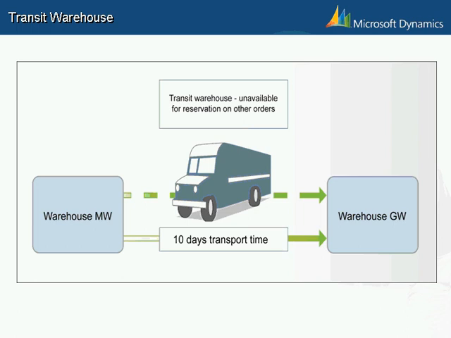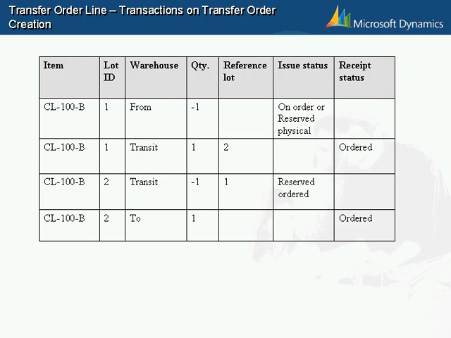When you save, let me show another picture. When you save a transfer order line, false inventory transactions are created. This ensures that at the time the item is available for reservation, somebody can make a reservation on the to warehouse, but the items will not be physically available until the items are received at the to warehouse.